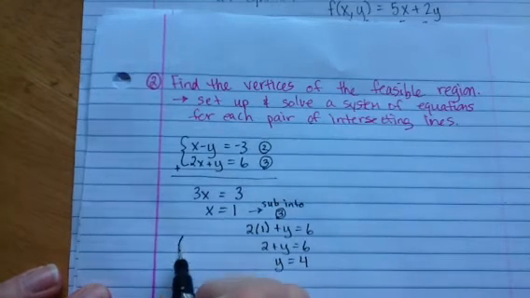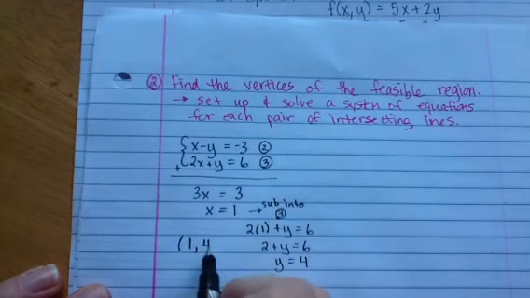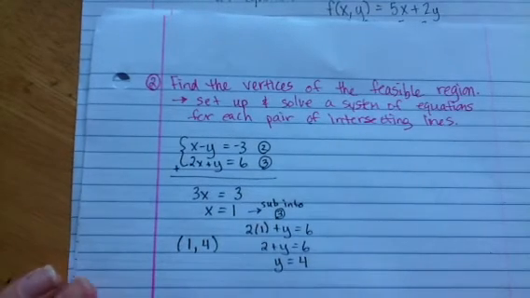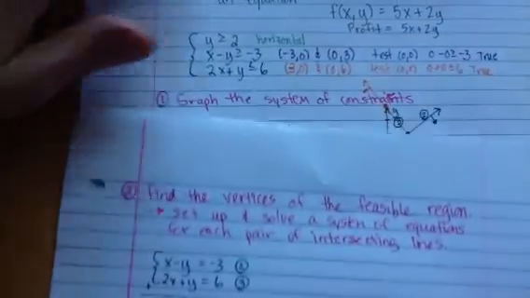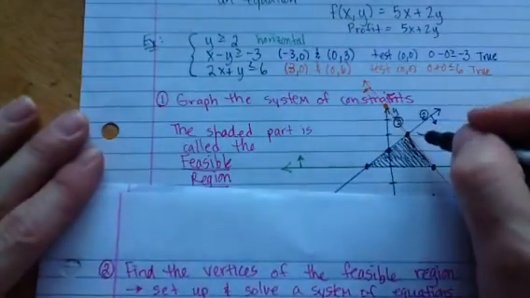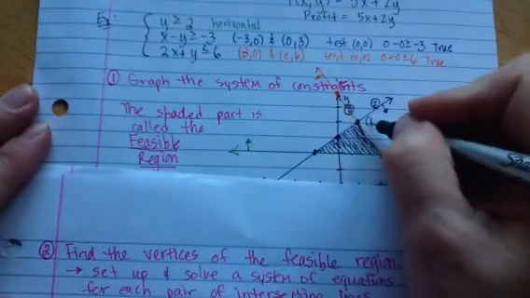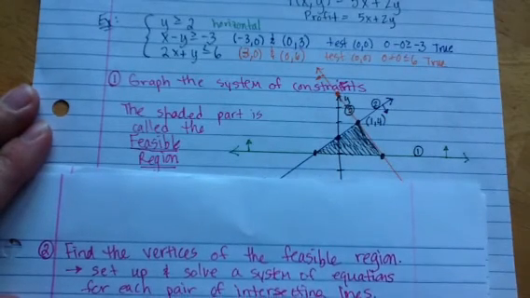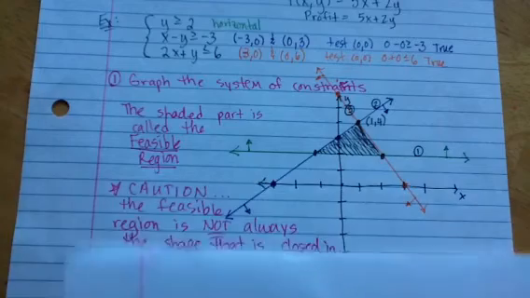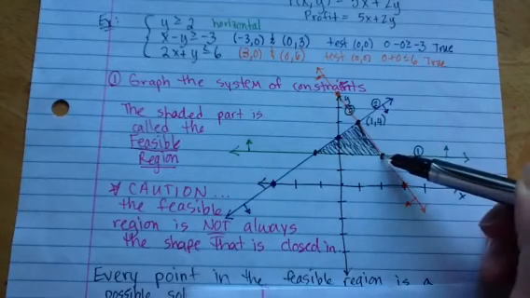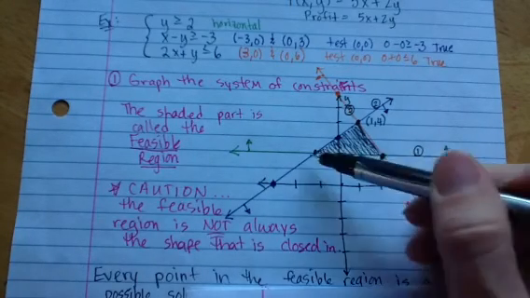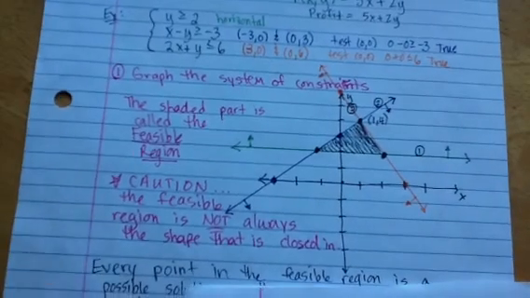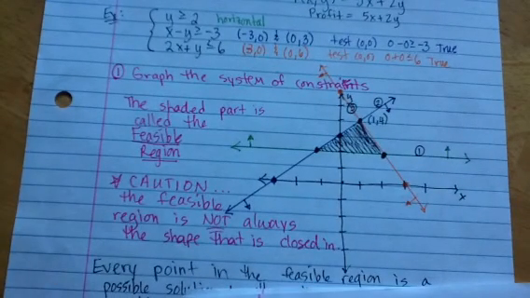So that vertex would be the ordered pair 1, 4. So we can go back to our graph and label this vertex right here 1, 4. Now what we're going to do when we come back is we will set up the system of equations to find this vertex and that vertex, and then we'll go on to the next steps for linear programming.